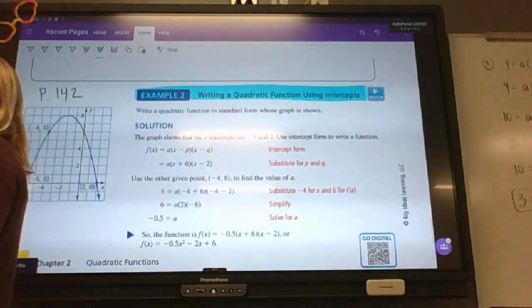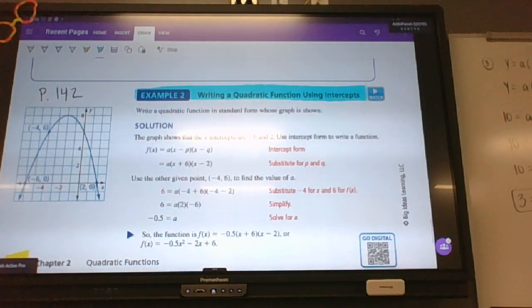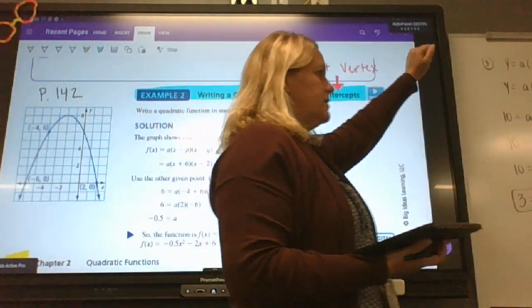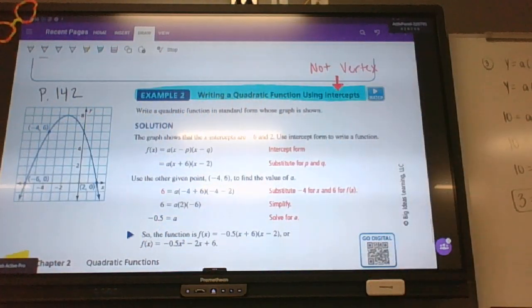Very similar question. It's writing a quadratic function, but this time it says using intercepts. So you're not being told what the vertex is anymore. If you're using intercepts and not the vertex, vertex form is not helpful.